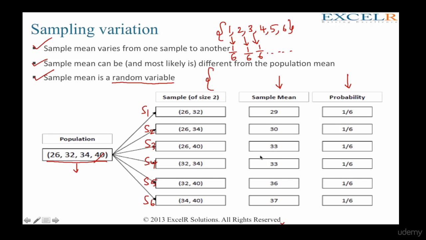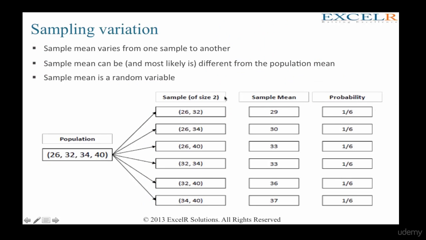You can represent these values as a set: 29, 30, 33, 33, 36 and 37. So here also you have 6 values. The probability associated with each value is once again 1 by 6. I'm simply applying the probability formula: number of interested events, which is 1 event here, divided by the total number of events, which is 6.